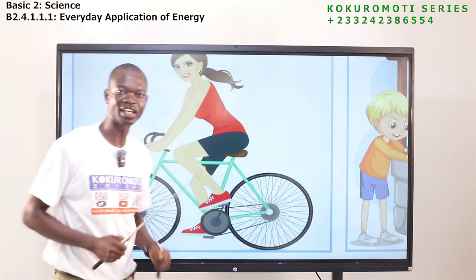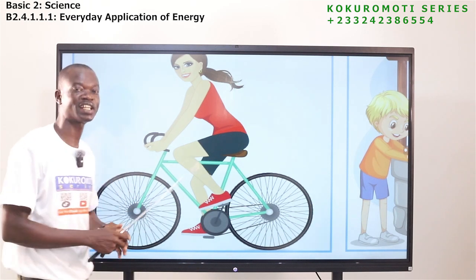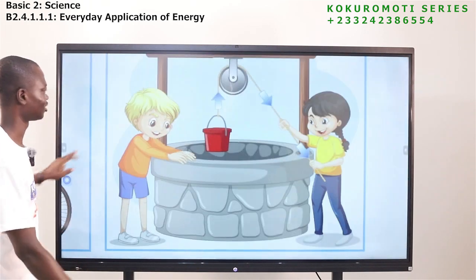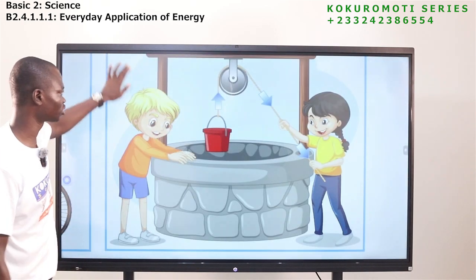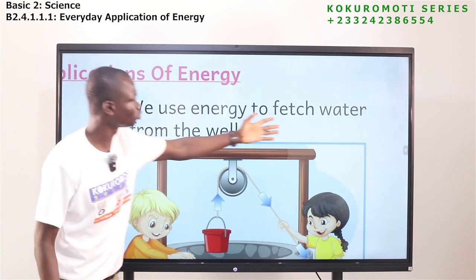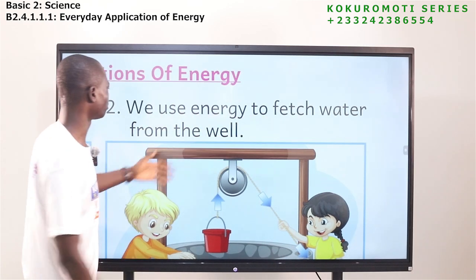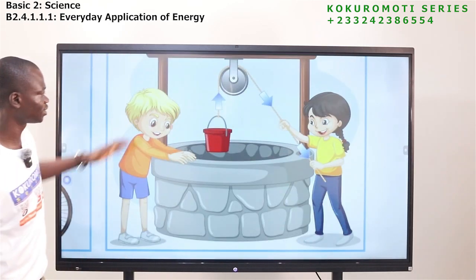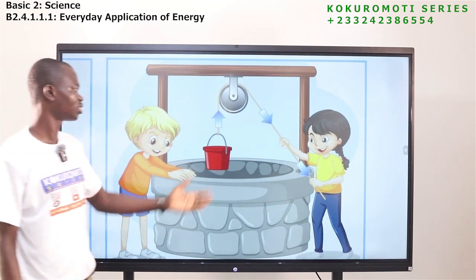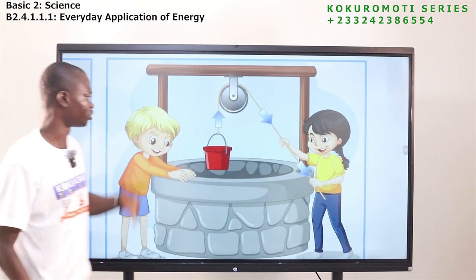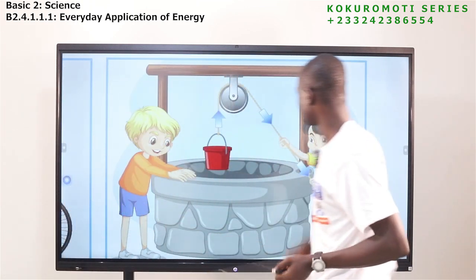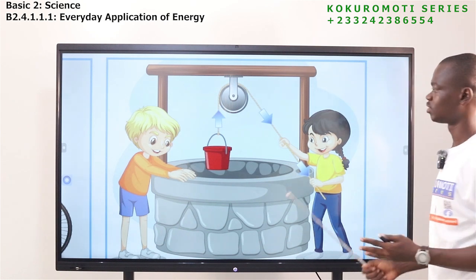Bicycle. So if you have energy, you can ride a bicycle. But if you don't have energy, you can't ride. Two, we use energy to fetch water from the well. So look at this. Two children, you see one boy here, one girl here, they are fetching water.